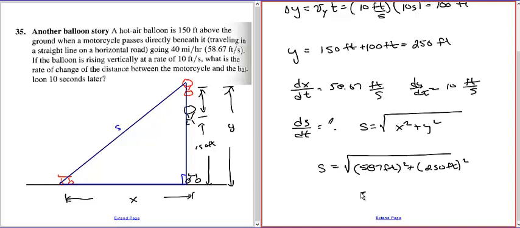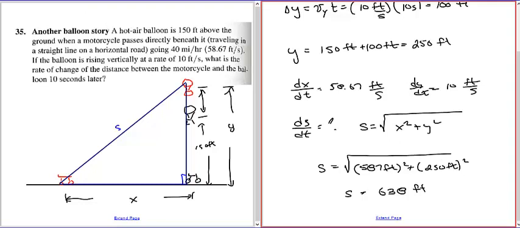So we're getting some number bigger than 587. 587 squared plus 250 squared, and take the square root of that. So I get 407,000. Take the square root of that, you get S is 638 feet.